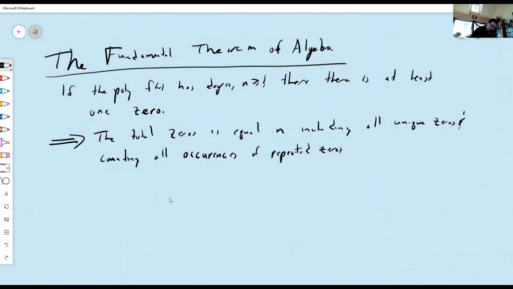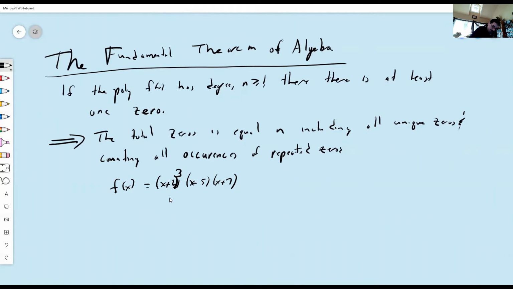So, for example, look at this polynomial.